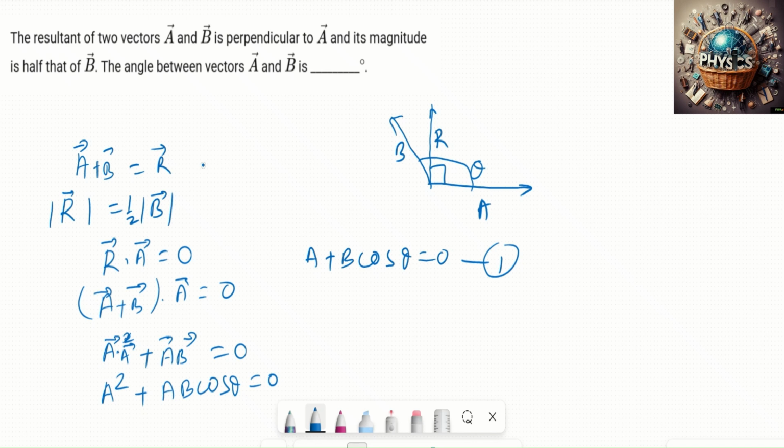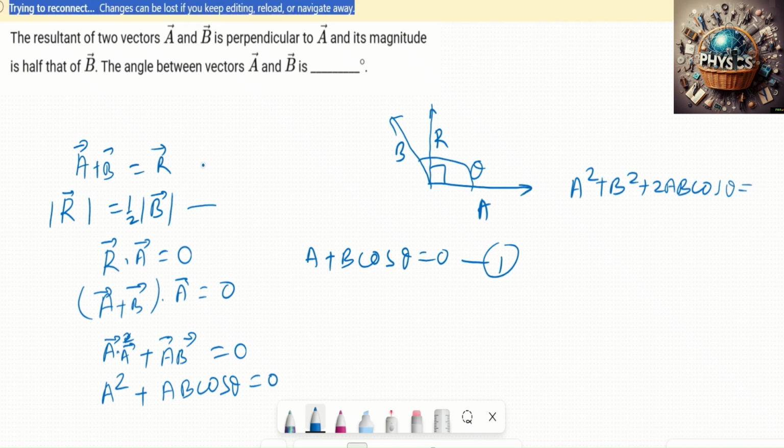And then we also have R is half B. So what is R? R is nothing but the square root of A square plus B square plus 2AB cos theta, which is equal to B by 2.